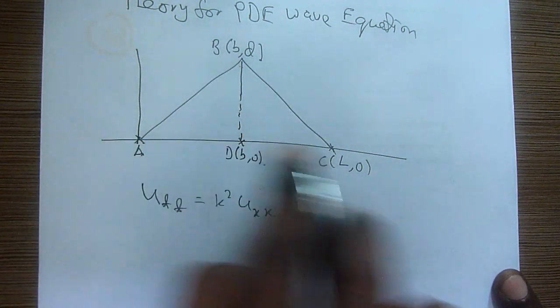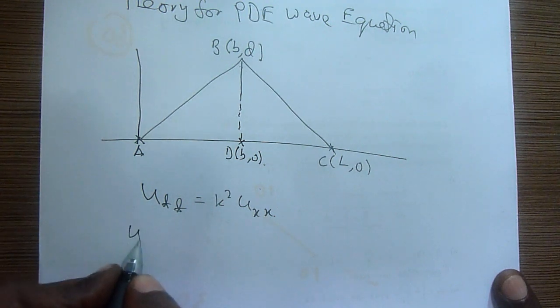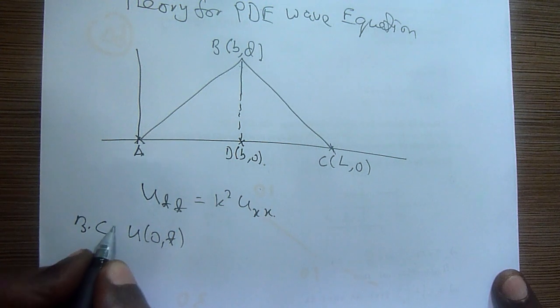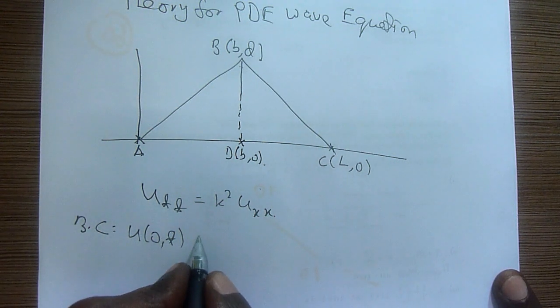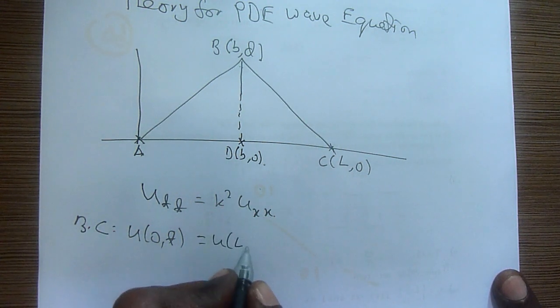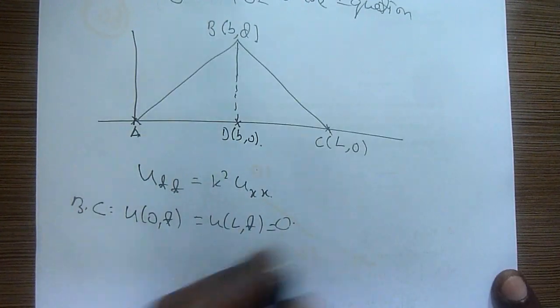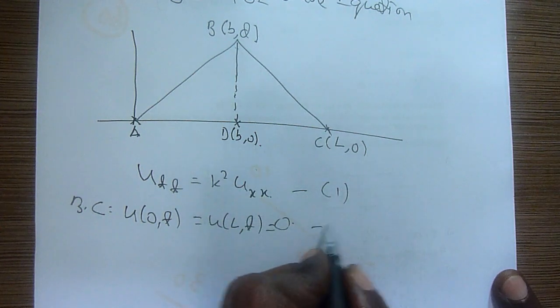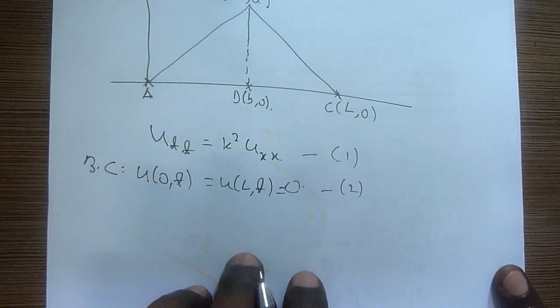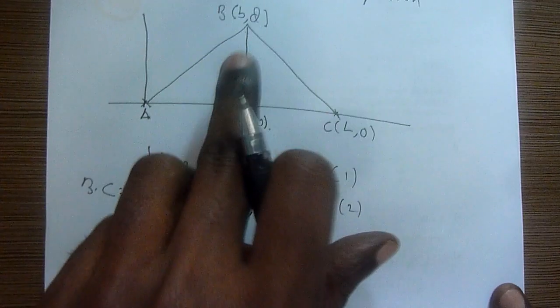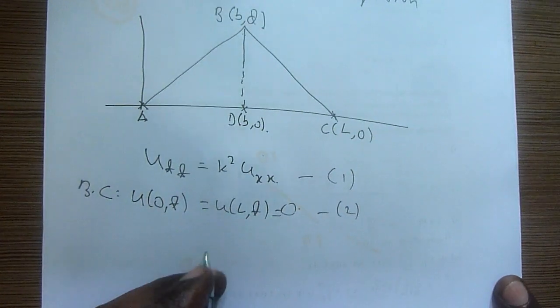And of course these two are the ends, therefore you will know. They never mention the boundary condition, but you need to identify it yourself, whereby ULT equals 0. I call this 1 and this 2. I'm going to do it very fast because this is theory, and I will explain this part anyway.